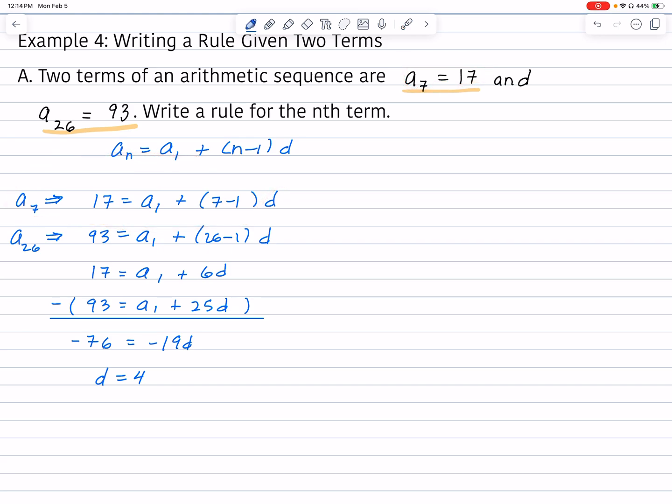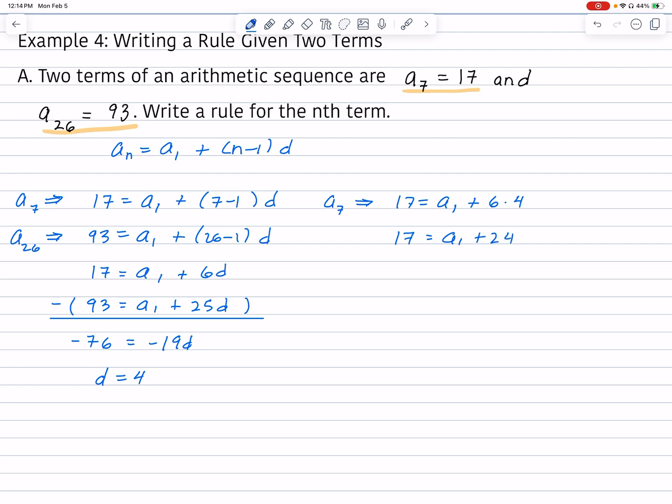So our 7th term: 17 equals our first term, which we still have no idea what that is, plus 7 minus 1 is 6. So I'm just going to replace 7 minus 1 with 6 times d, which we just found, which is 4, times 4. So we get 17 equals first term plus 24.